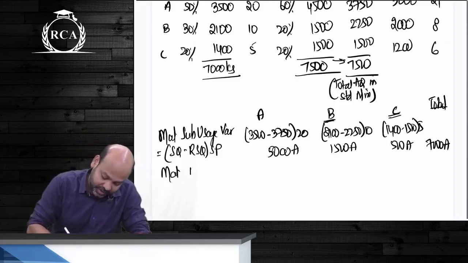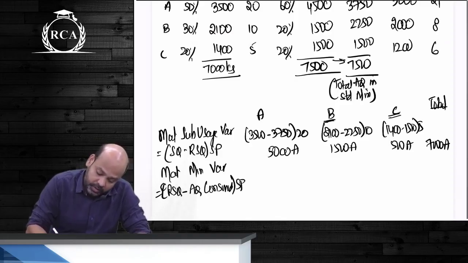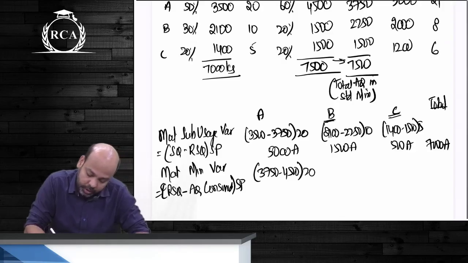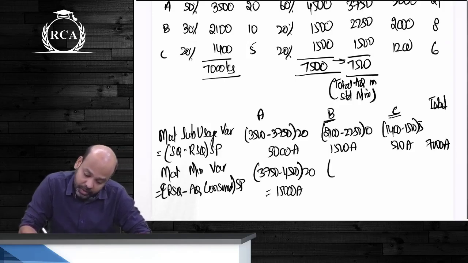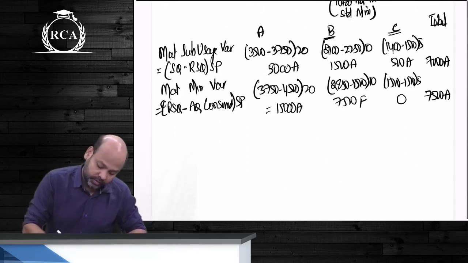Material mix variance, you will write revised standard quantity minus actual quantity consumed, multiplied by standard price. So this will be 3,750 minus 4,500 multiplied by 20, 750, 15,000 adverse, and this would be 2,250 minus 1,500 multiplied by 10 rupees, 7,500 favorable, and this would be 0. 7,500 adverse.